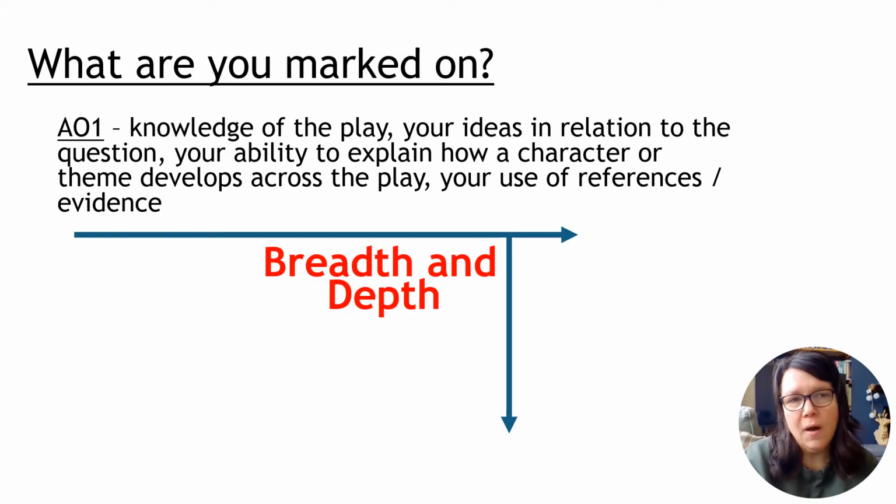It's also your ideas in relation to the question topic that you've been given and your ability to explain how a character or a theme develops across the play. AO1 includes your use of any references, that could be direct references without quotations to the play, and your use of quotations, which you would then go on to use for your AO2.